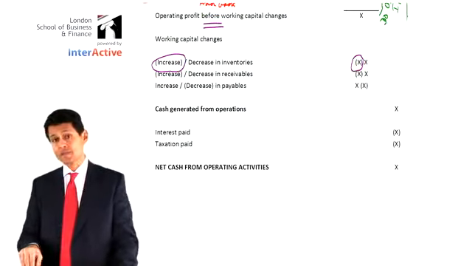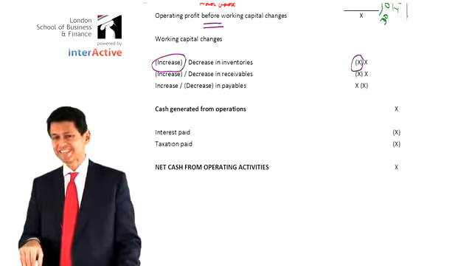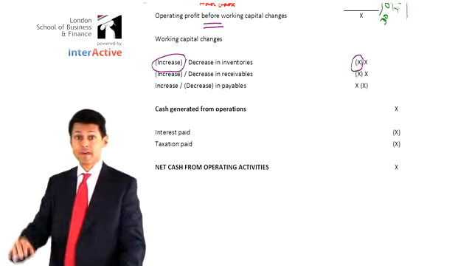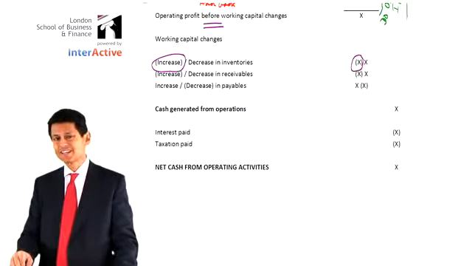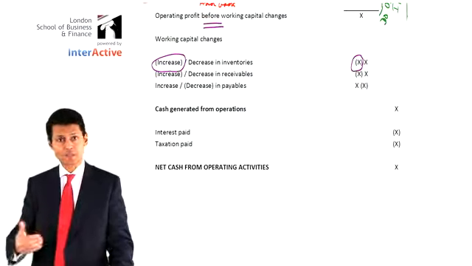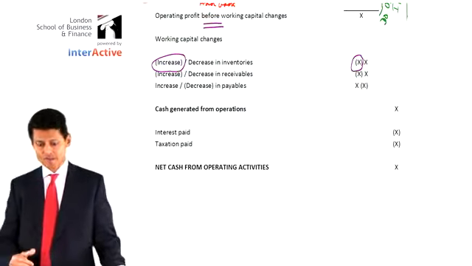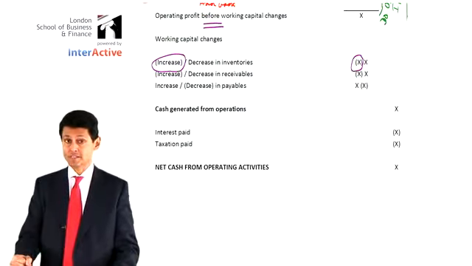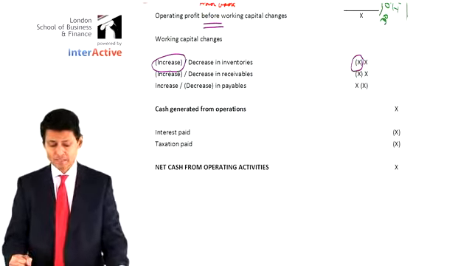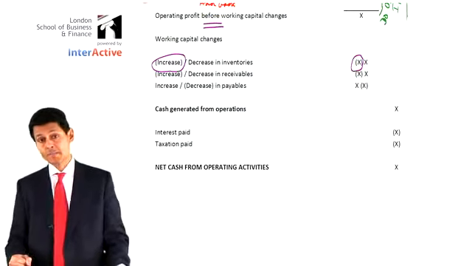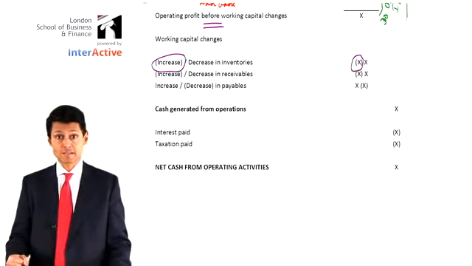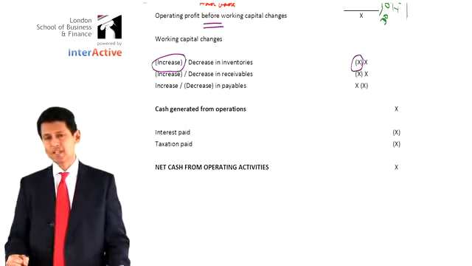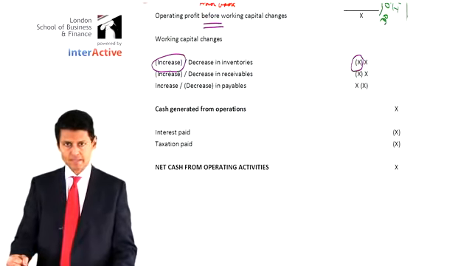If, for example, the inventory goes down, let's say it was 1,500, now it's down to 1,000, it's easier to see almost that the additional 500, the drop, has now been converted from inventory into cash. Hence it's an inflow, and therefore you simply add to the rest of the cash flow statement. Notice the decrease in inventory appears as an unbracketed or inflow type of item. So inventory is very, very straightforward indeed.